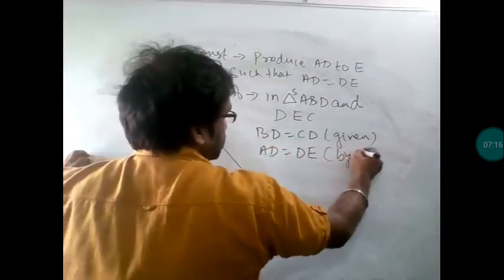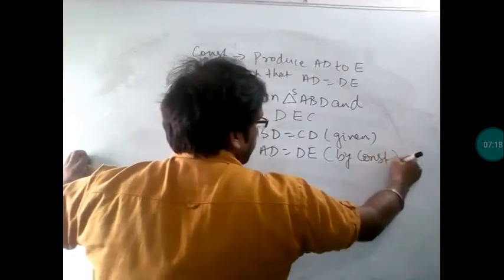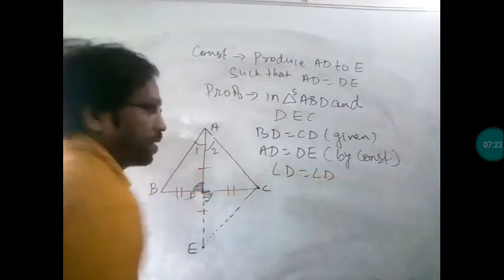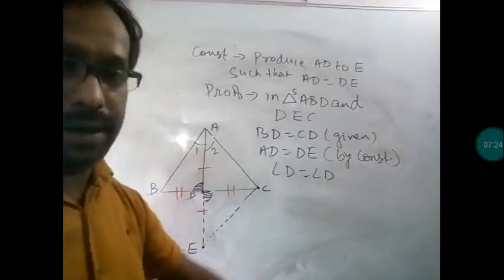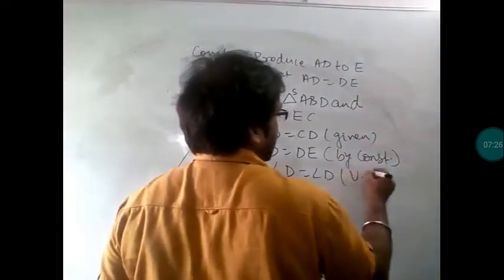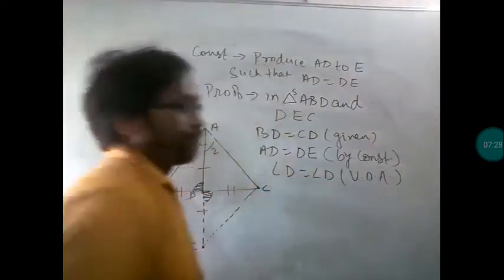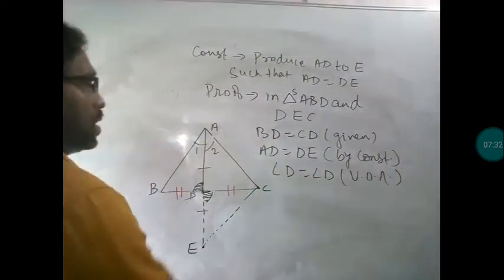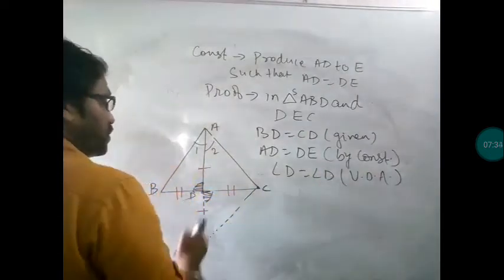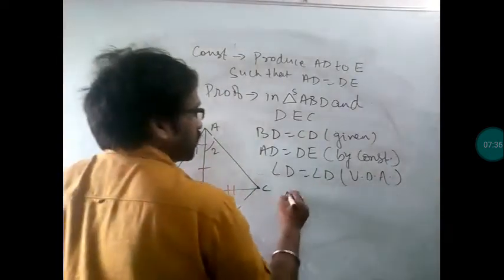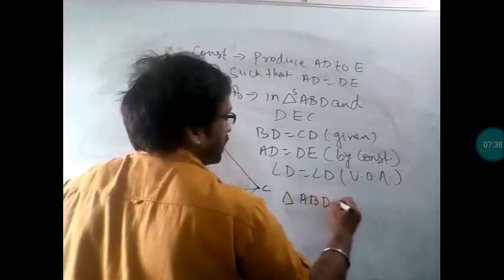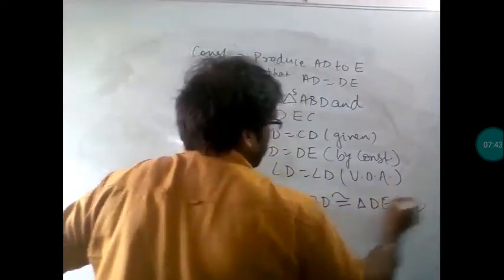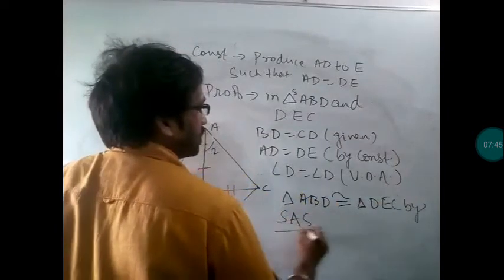Then we have AD is equal to DE by construction. We have done this, and angle D is equal to angle D. Why? The reason is vertically opposite angles. That means these two triangles, ABD and DEC, are congruent by the side angle side rule.